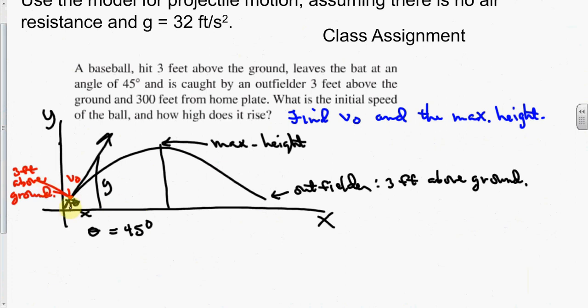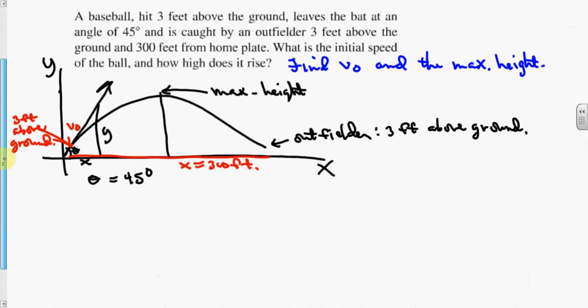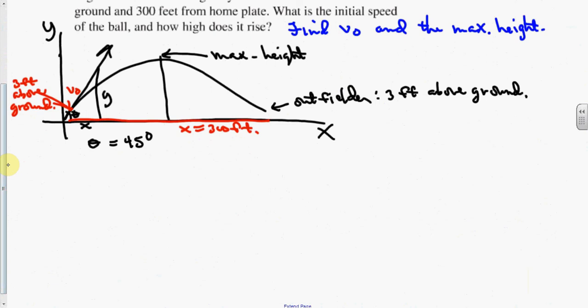This distance is 300 feet. If I were you, I would try to go in this order.